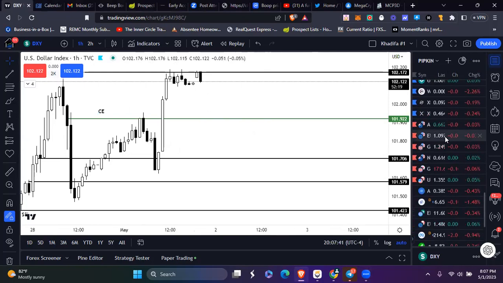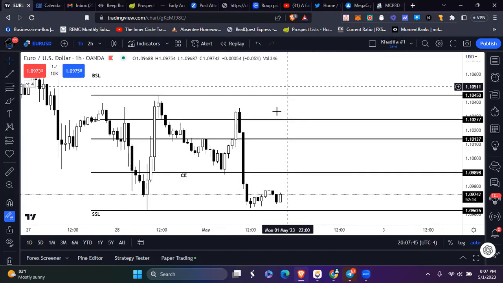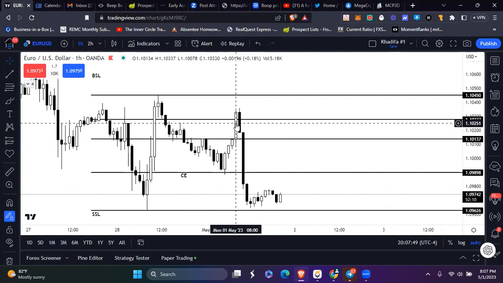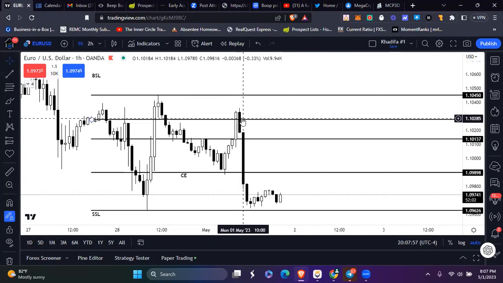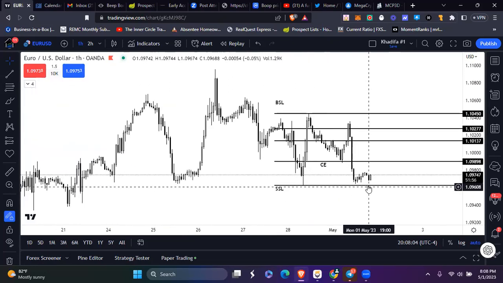So let's move on to currencies really quick. We got our retest of the premium array here today. We respected that 79 level and pushed back down through it to come back down and run sell side liquidity.